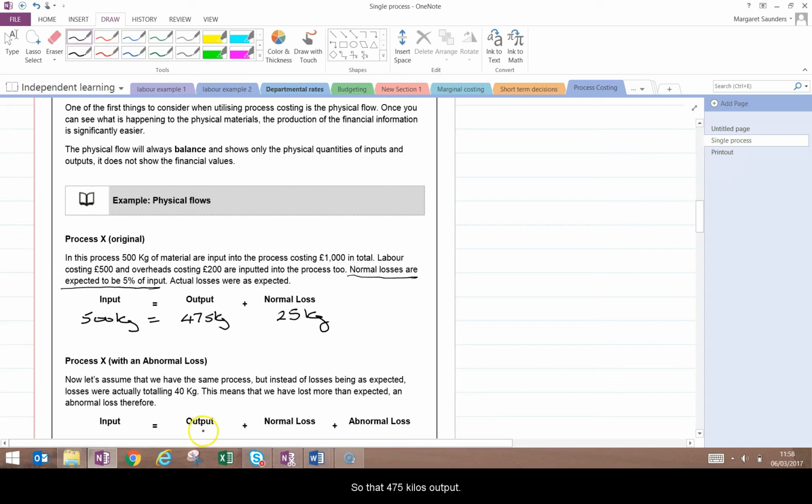So that 475 kilos output plus our normal loss of 25 equals input of 500. So we know when we put 500 kilos of material into this particular process and produce our product, it will weigh 475 kilos. The 25 kilos difference is a normal loss. We expect that to happen.